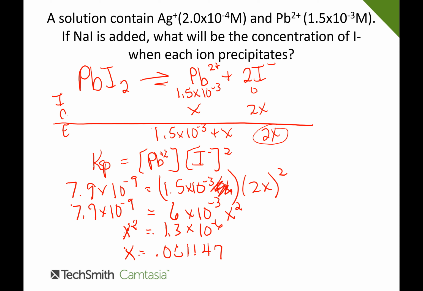So I'm going to have to take this times 2. So this is 0.0023 molar is going to be my I minus concentration. Okay, so that's how we would do selective precipitation. And that will be the end of this week's lectures.